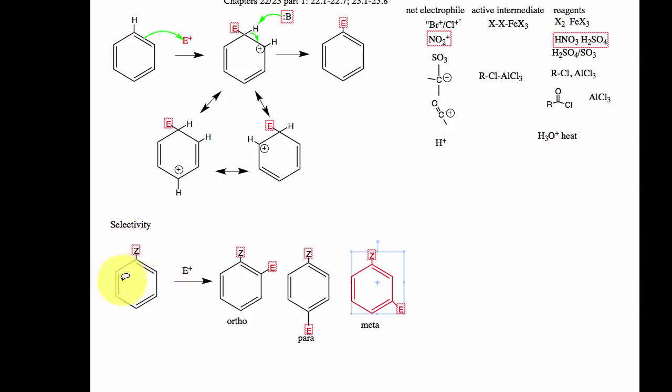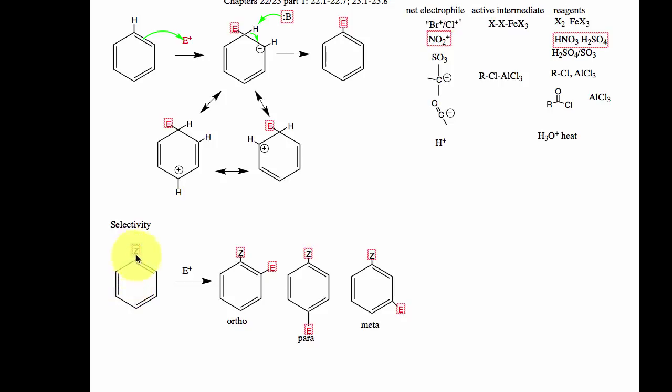Benzene rings that already have a substituent on them, here designated Z, can react with electrophiles as well, and could potentially form one of three regioisomers: ortho, para, or meta. It turns out that the Z group on the ring changes the electron density on the ring and changes the ring's ability to be a nucleophile.